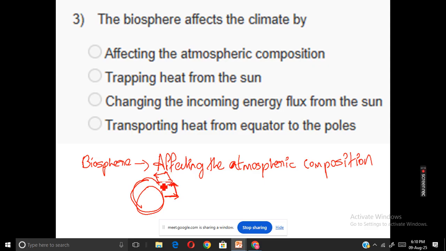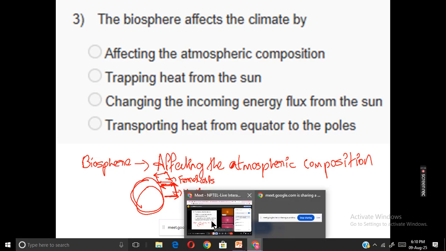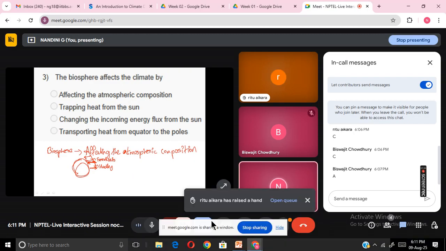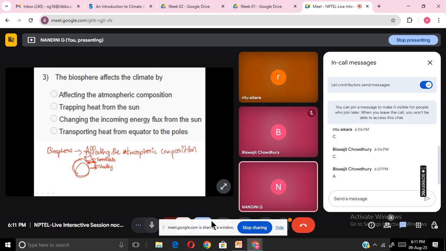So there are basically three cells: Hadley, Ferrel, and Polar. Through these cells in the atmosphere, and through the ocean, heat is transported from the equator to the poles. These are the two major ways. I hope it is clear.